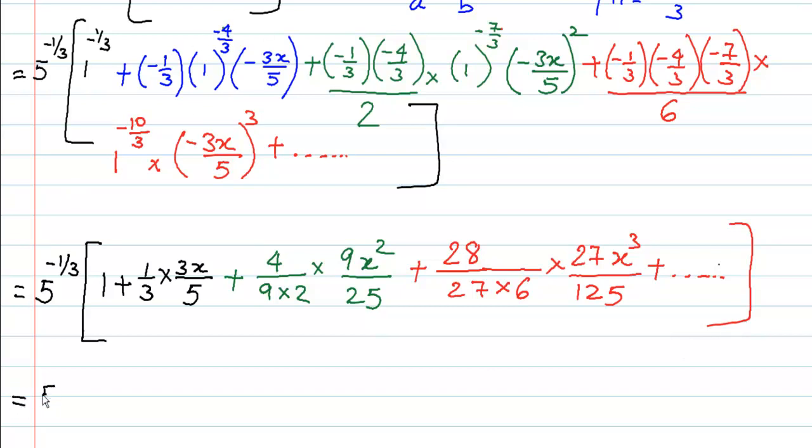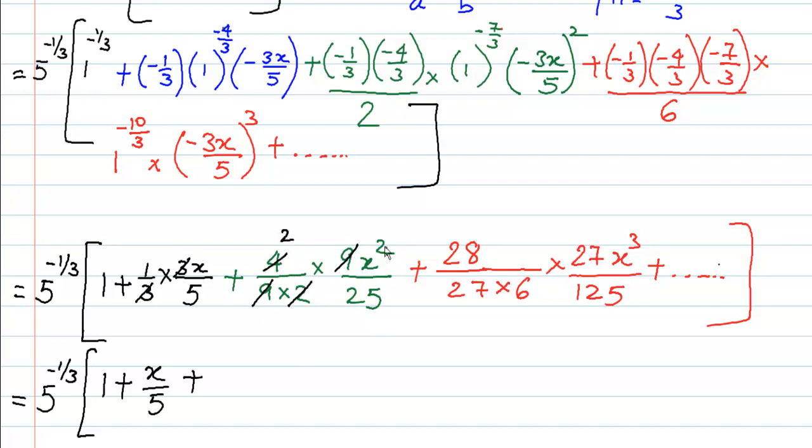Is equal to 5 raised to minus 1 upon 3, 1 plus 3 and 3 cancels, so we are left with x upon 5, plus 9 and 9 cancels over here. Does anything else cancel? I think yeah, 2 1s and 2 2s.